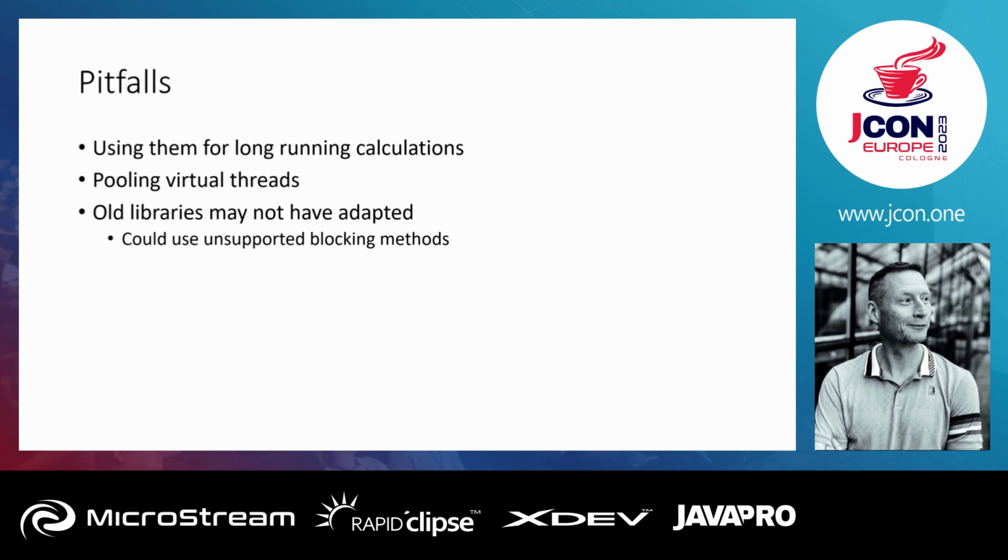If it's almost not blocking, just a short operation, it's fine. For example, if you have a synchronized block with just a very small, very quick method, then it's all fine. But if you really want the scalability of the virtual threads, then doing long-running calculations on them wouldn't be that great. Does that answer?